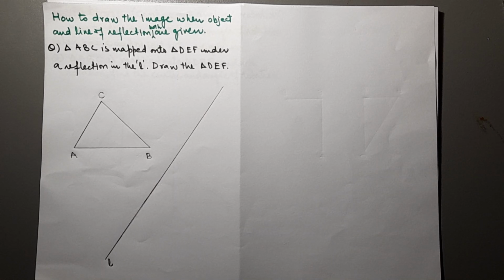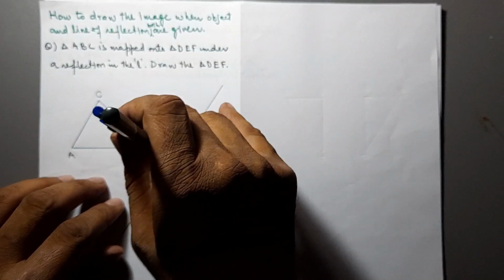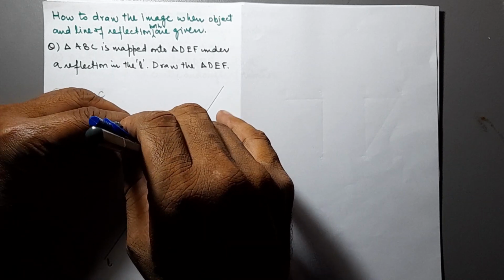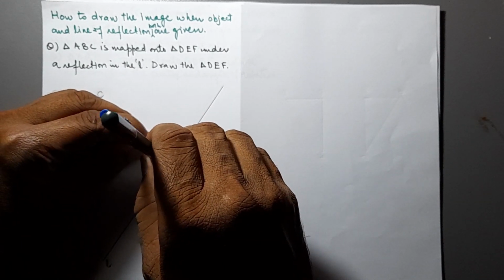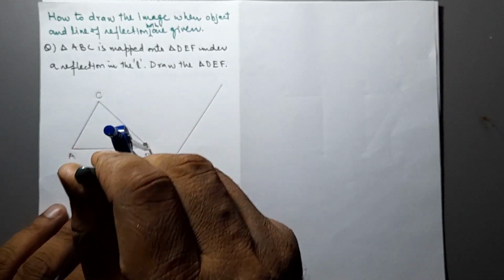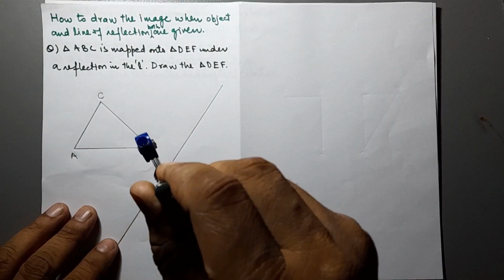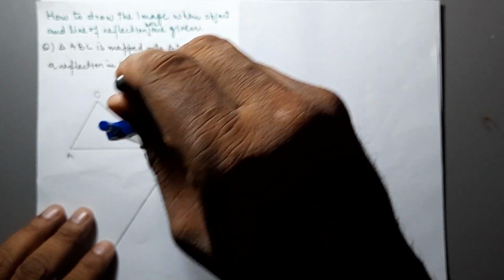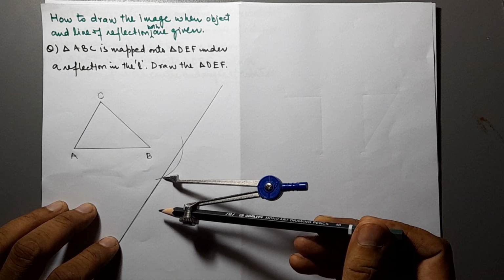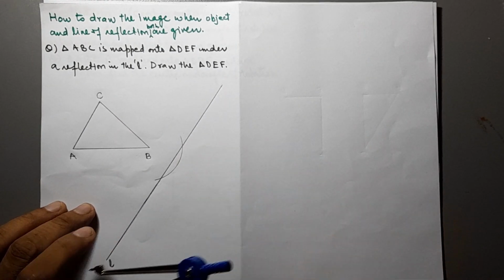To draw a perpendicular, I will use the compass and the ruler. From point B, I will draw an arc on the line of reflection, like this. Now I have two points of intersection. One is this, the other one is this.